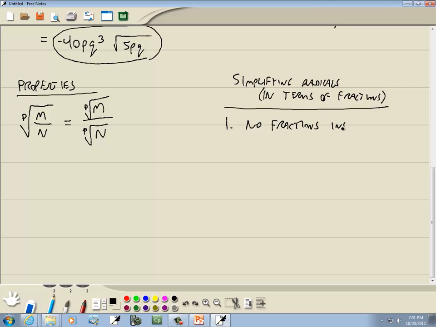And second thing is no radicals in the denominator. So when we're working on problems, we want to keep that in mind.